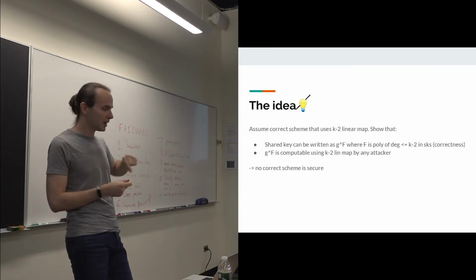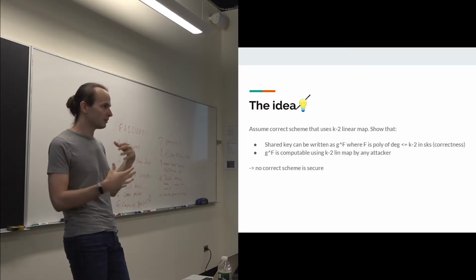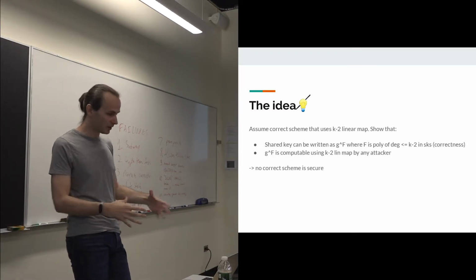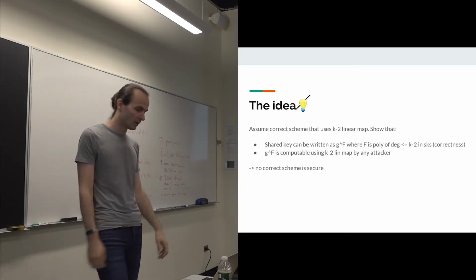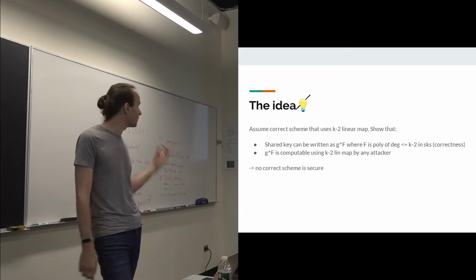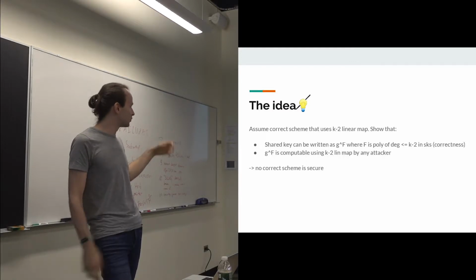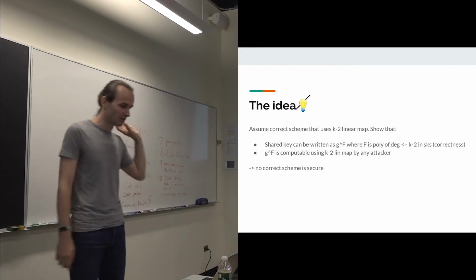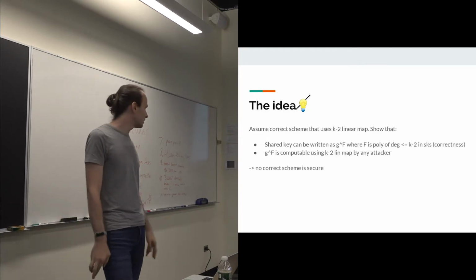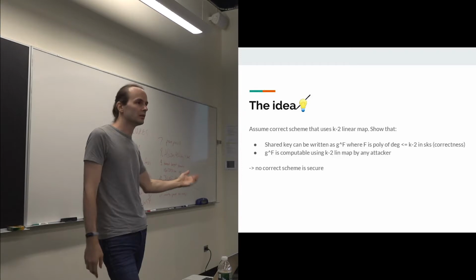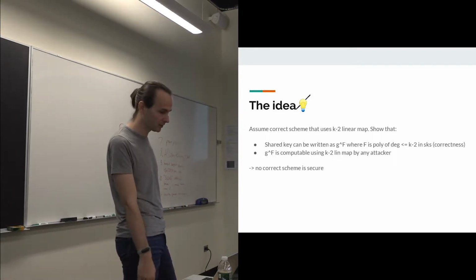In the first part we show that whatever shared key the honest parties can agree upon belongs to a limited class of possible shared keys. Namely, if you can represent this shared key as group generator to the F, well, F must be a polynomial of bounded degree in the random variables that the players uniformly sample.